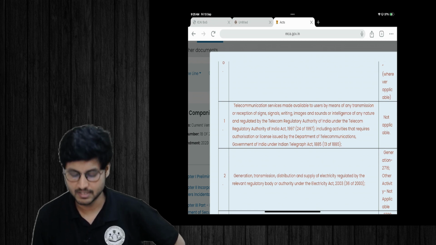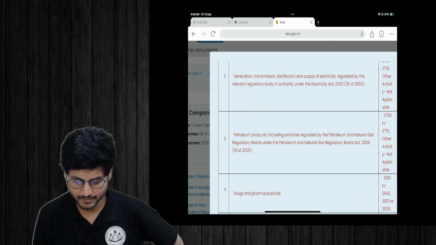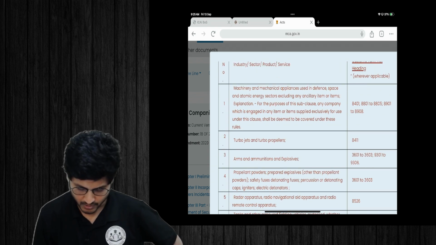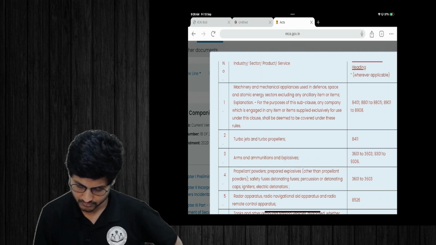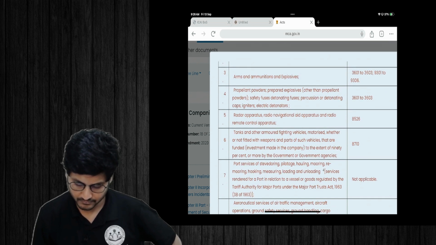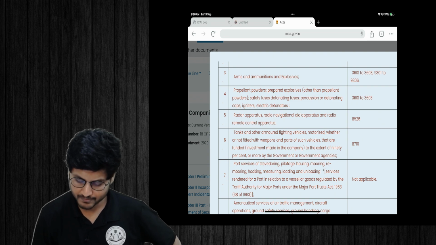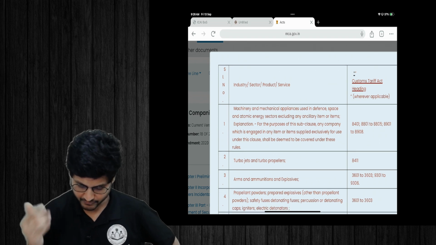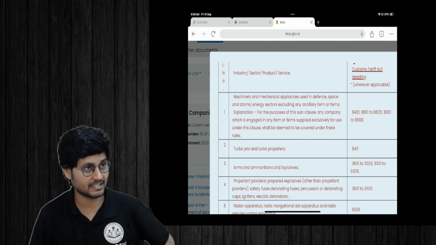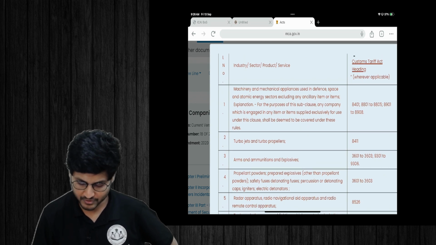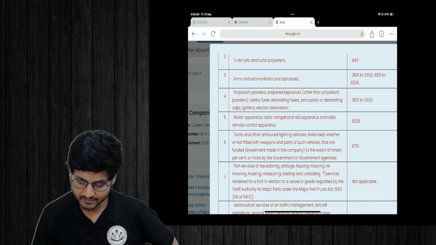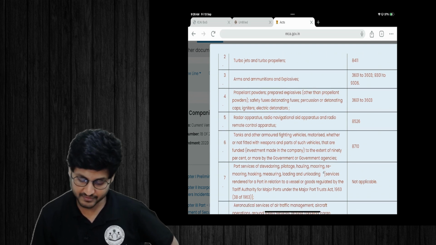Easy only. In table number A, how many products are there? 6. In table number B, let us see. First one, defense equipment. Second one, turbojets. Third one, arms and ammunitions. Propellant powder, prepared explosives.